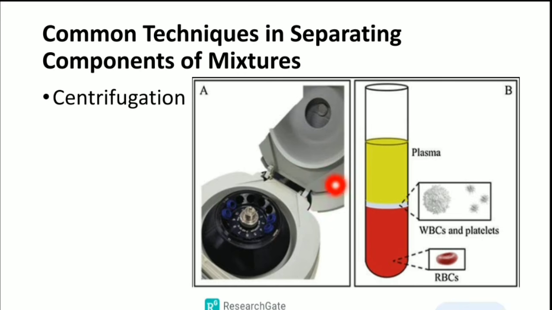So you will see after the process of centrifugation, the components will separate according to difference in densities. So for example, the red blood cells are separated, recovered at the bottom because red blood cells have the highest density among the other components in blood. So plasma is on top because it is believed to be of lowest density.